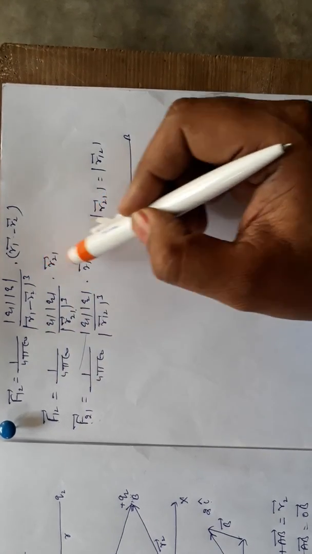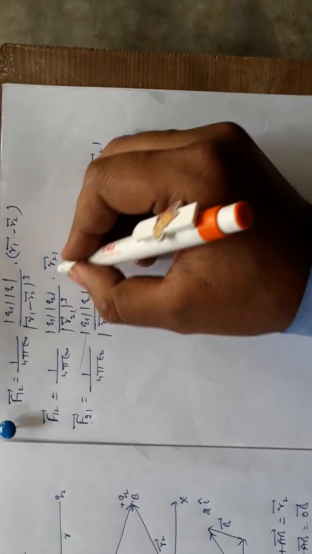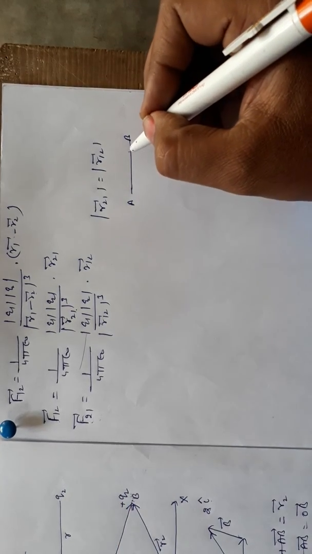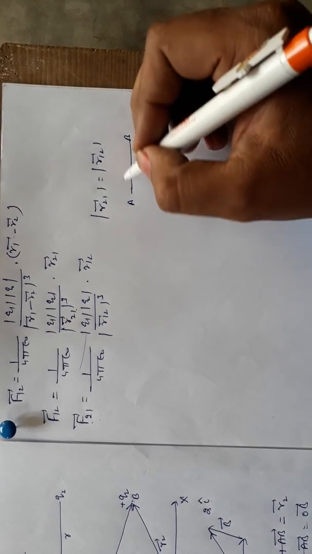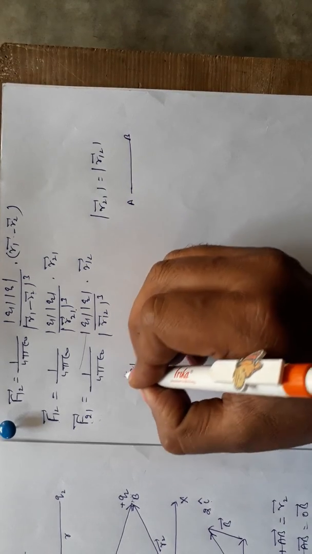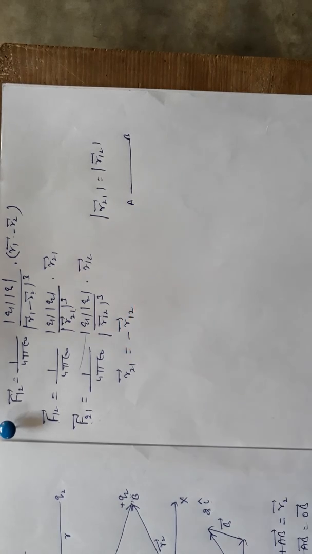But if we see this R21 and R12 vector, the direction of R21 vector is from 2 to 1 and R12 vector is from A to B, you can say 1 to 2. So the difference lies in the direction. That means R21 vector is equal to minus R12 vector.